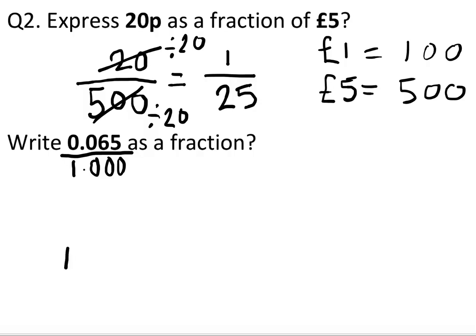So underneath we're going to have a value of 1,000, and on top we've got 65. But we can simplify that.